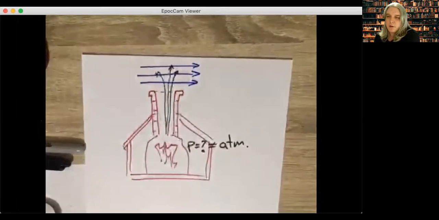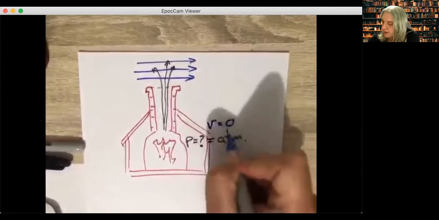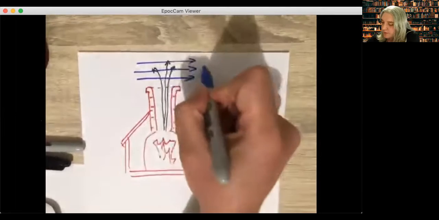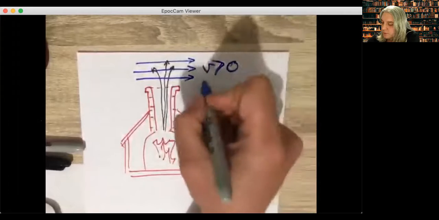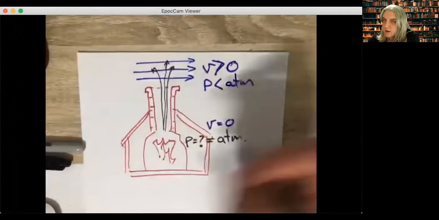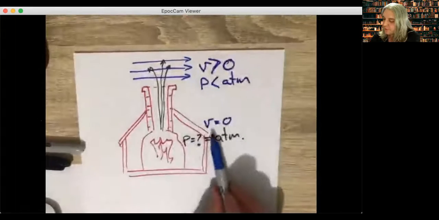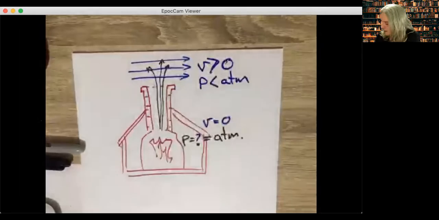Our still air in here has a velocity of zero and atmospheric pressure. If the wind has velocity greater than 0, we must have pressure less than atmospheric, because the faster the fluid moves, the less the pressure is. So if this fluid is stationary and at atmospheric pressure, and this is faster, it must be less than atmospheric pressure.